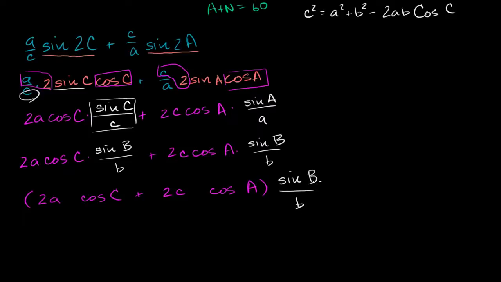And we already know that b is 60 degrees, so we can evaluate this pretty easily. But let's just continue and see if we can somehow put this right over here in terms of b.